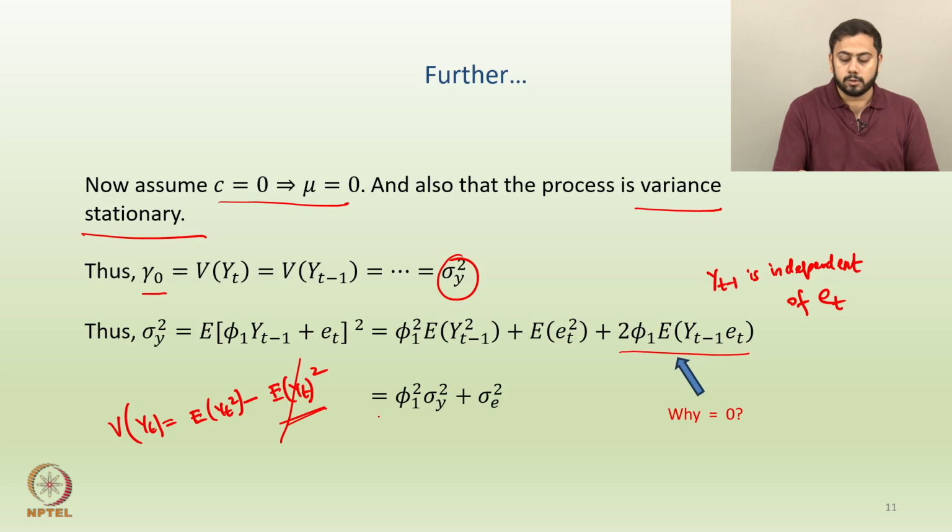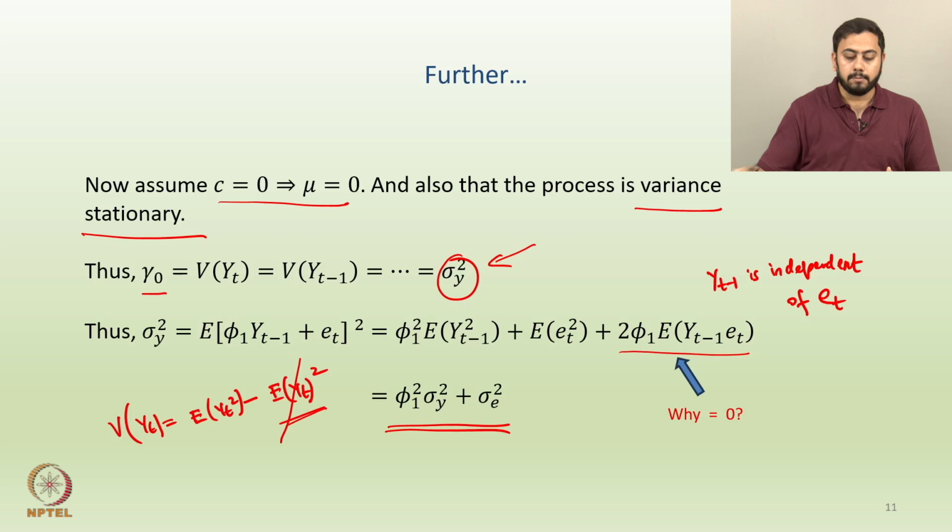So this entire cross product term becomes 0. This boils down to phi 1 square, and then expectation of yt minus 1 square is nothing but the variance as per this assumption, because we are assuming constant variances. Plus expectation of et square would be nothing but the variance, because expectation of et is 0 again. So finally it boils down to this.